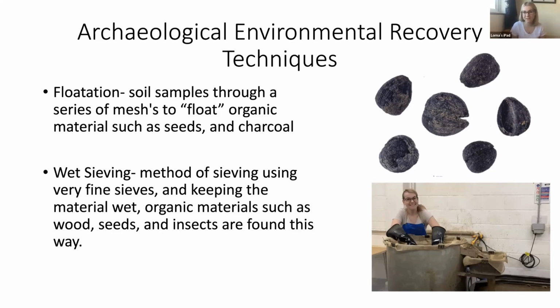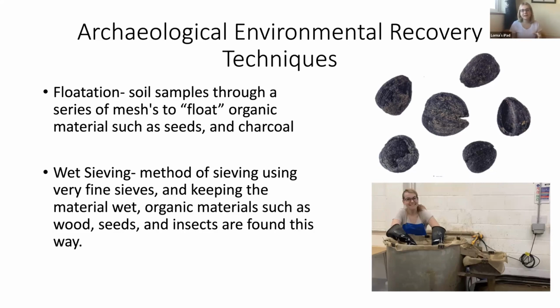A bulk flotation involves taking a sample of a context, usually a base fill or something that looks very charcoaly, and then running it through two massive sieves where I have to wear these great big gloves that come all the way up to my arms. They're very sexy. And I basically get rid of all of the silt and mud, and it just leaves any organic or other residues.